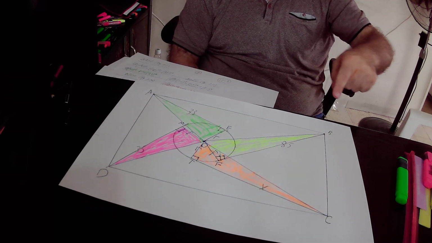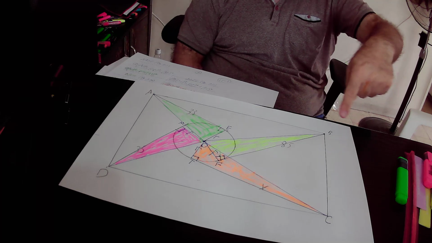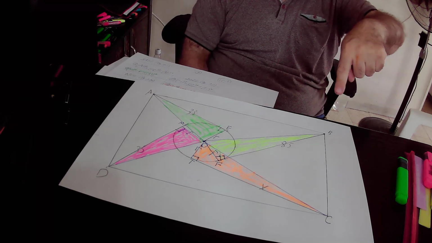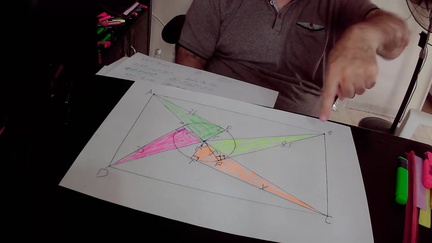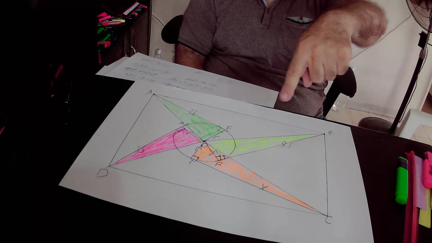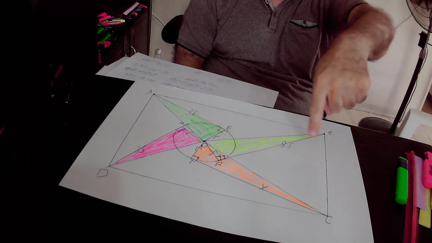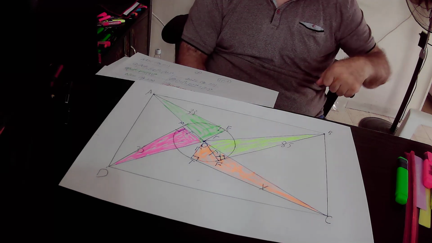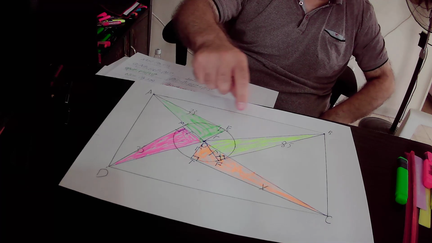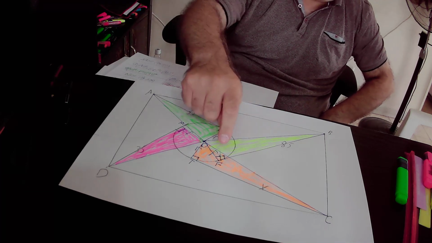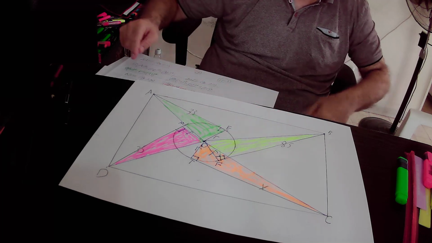Then we joined points B and O together by a straight line. In this way, we created the yellow triangle BOF. In the yellow right triangle BOF, according to the Pythagoras theorem, BO square equals OF square plus BF square.